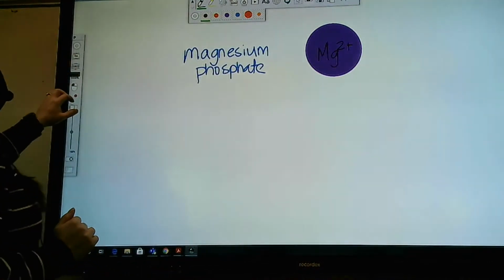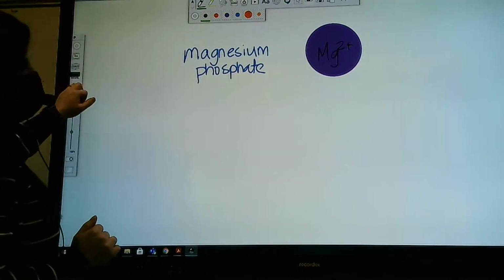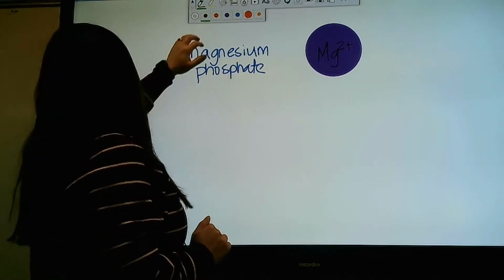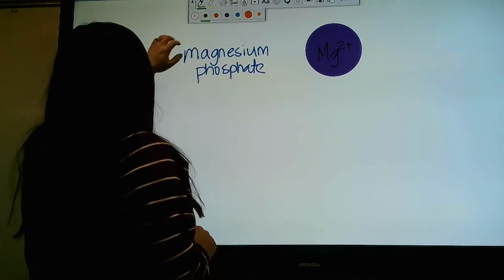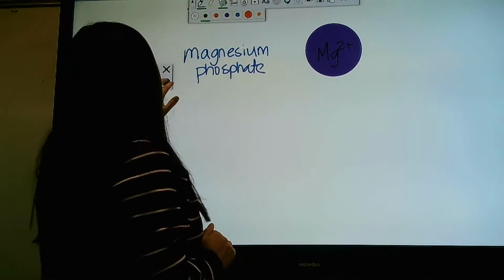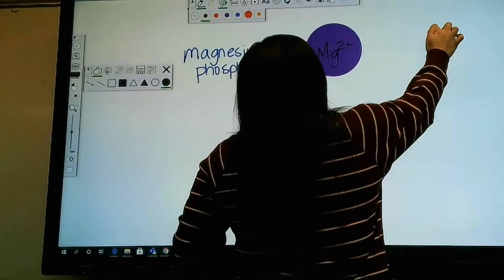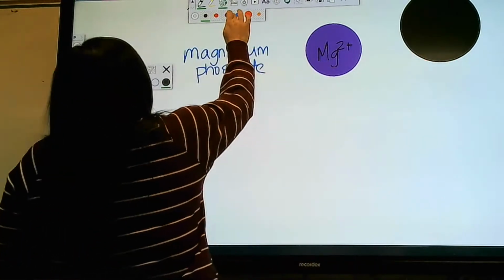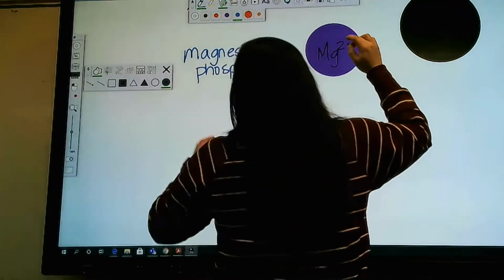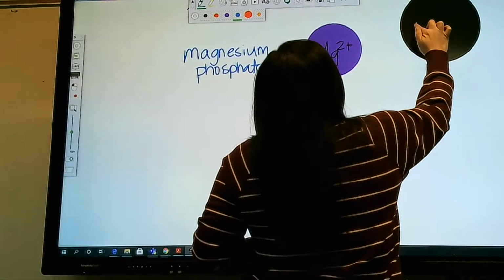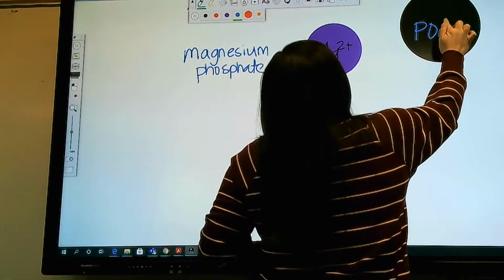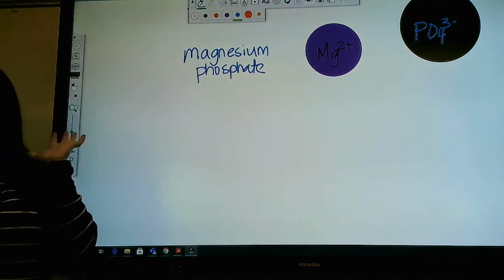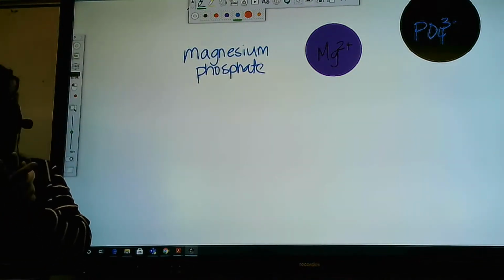Phosphate, we just looked up, we'll just be consistent and use flat. Phosphate, remember, is PO4 3 minus. So it still has that 3 minus charge. It's like an entire package deal.